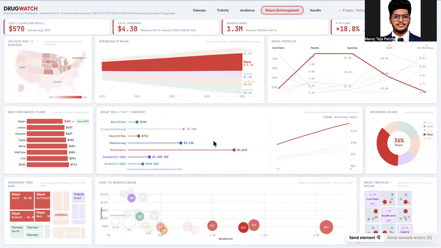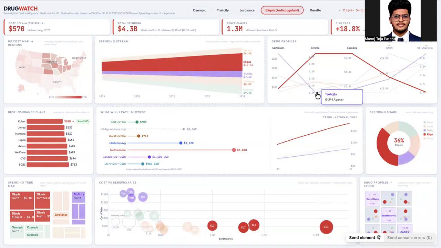For policymakers and researchers, the dashboard reveals patterns in drug spending, regional cost variations, the best insurance plan, and the variations with other countries, the total spending region-wise. In the donut chart, they can compare with the scatter matrix with the PCP. Also, this can inform discussions about drug pricing reform and Medicare Part D optimization.